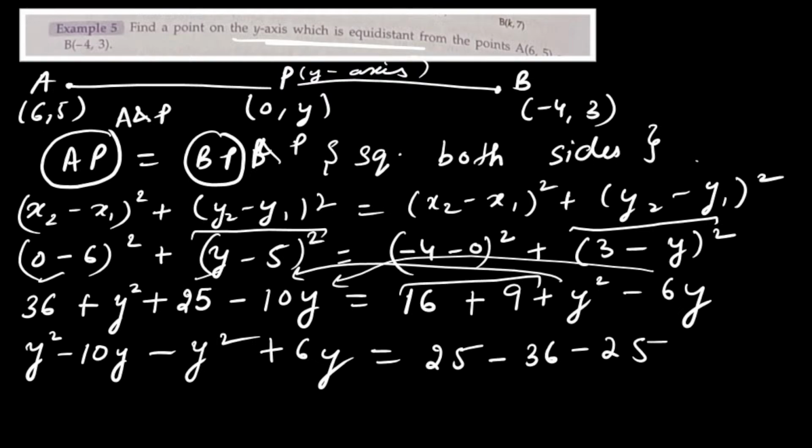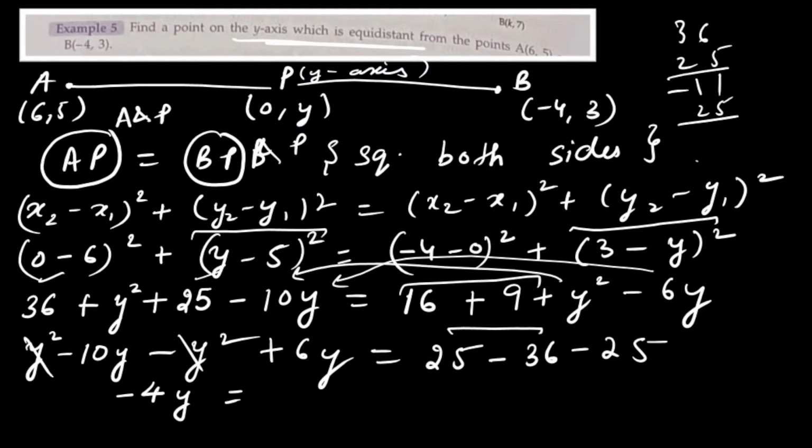And y square and y square will get cancelled. So minus 6 plus minus 10 plus 6 is minus 4. Minus 4y this side if we simplify. So what we will get? 25 minus 36. So here what we will get? 36 minus 25, 11. This is negative 11. Minus minus again plus.